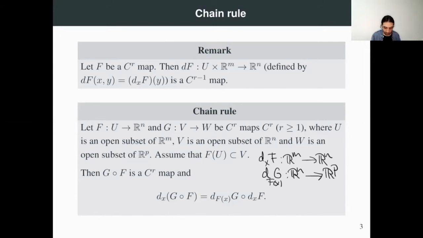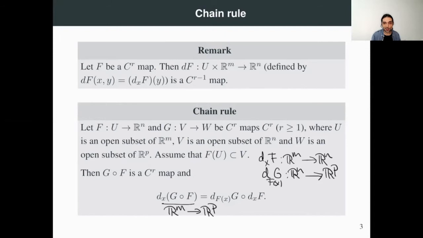Exactly as it happens for the differential of the composition of F and G at X, this is also a linear map from R^m to R^p.